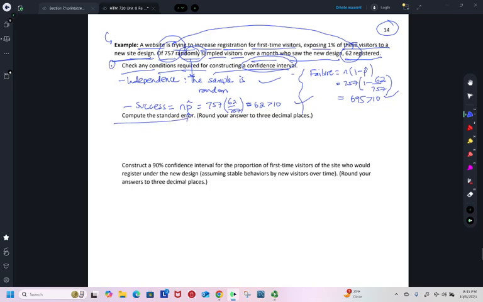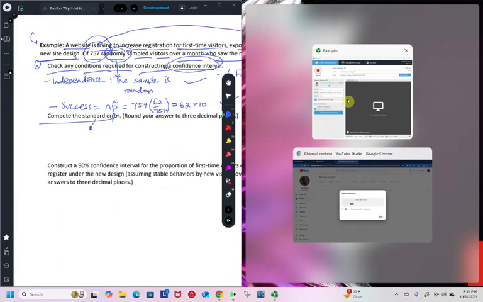We'd like to compute the standard error, however. We can do that in StatCrunch, and we can also do it by hand. But let's use StatCrunch since we have that software, which is really great. So let me push this to the side and have StatCrunch here.